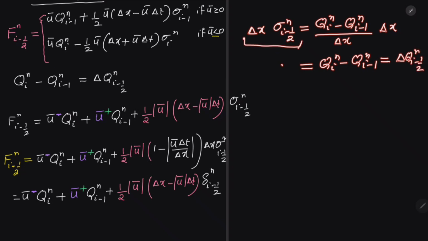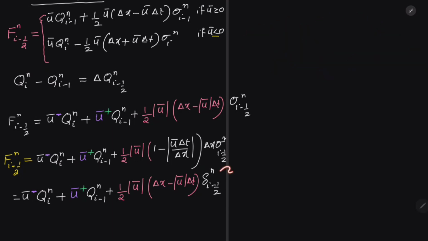And the left hand side, rather than calling it delta Q_{i-1/2}, when I change that, we get different methods. So I will call that delta_{i-1/2}. This will be replaced with delta_{i-1/2}.